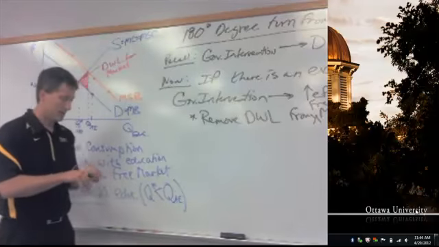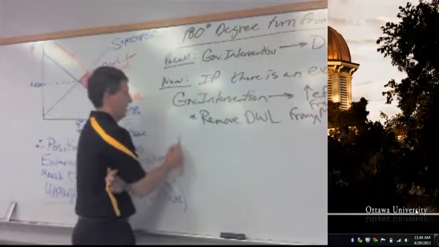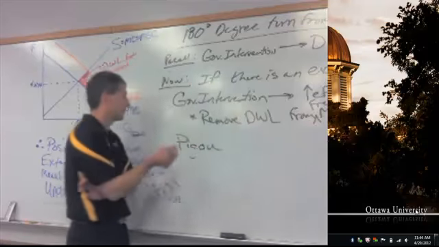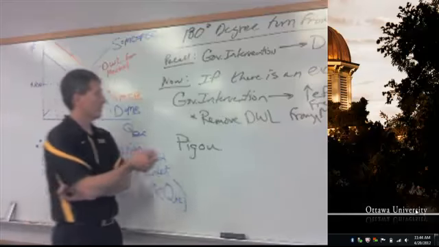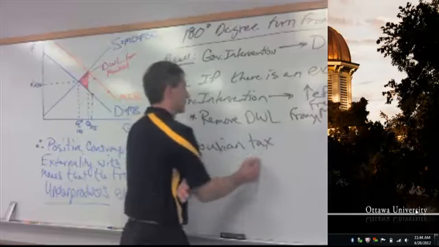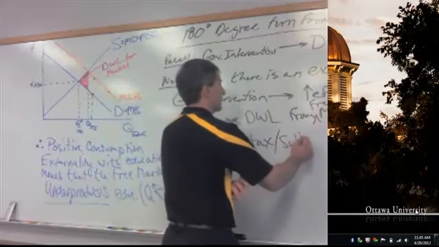All right, so there is an economist named Pigou, kind of a fun little name to say. So there's what's called a Pigouvian tax or subsidy.